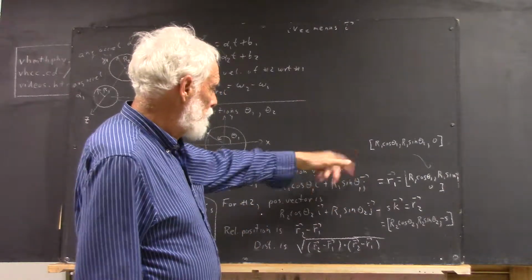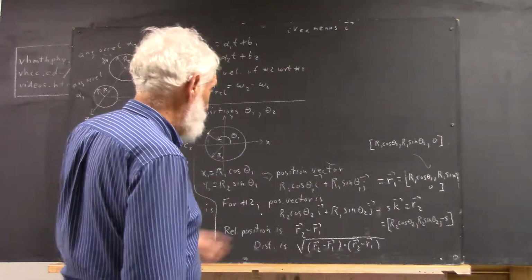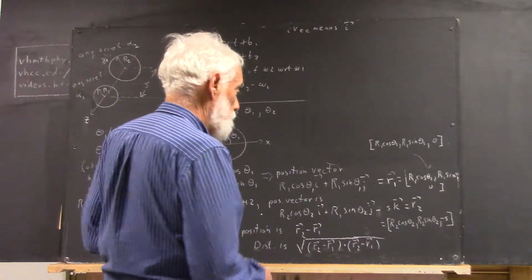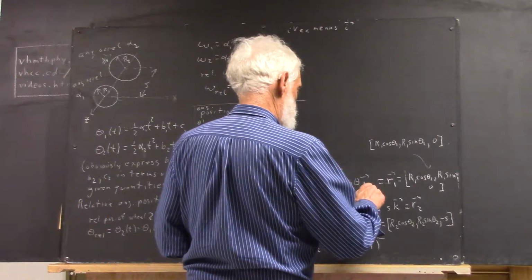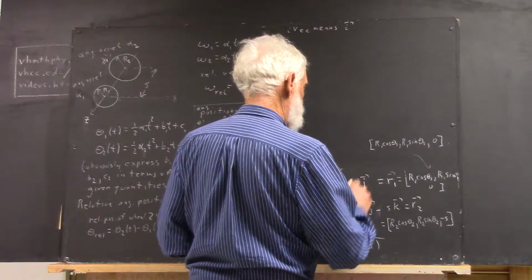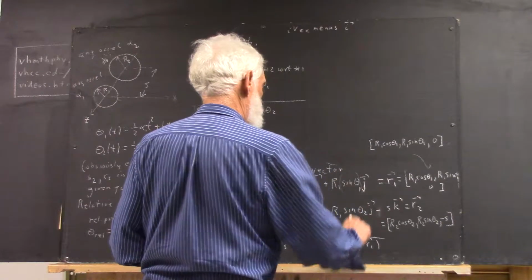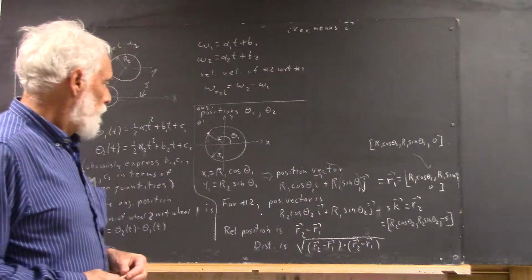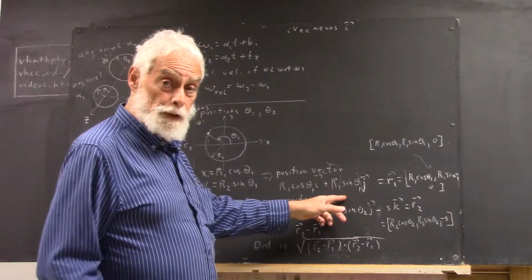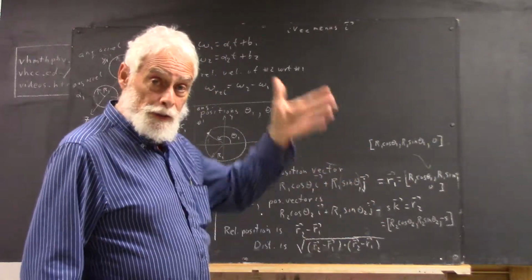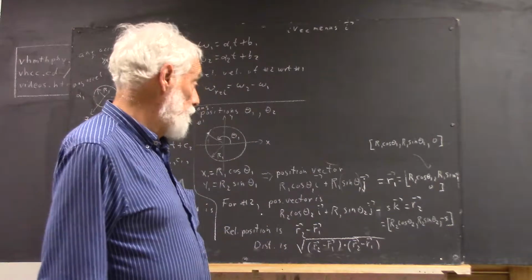That j looks like a subscript, I should have written it higher, and maybe I can fix that a little bit. Maybe even parentheses around the sine of theta 1. Okay, so there's your position vector. And there's 0k component because, again, you're in the xy plane, z is 0.